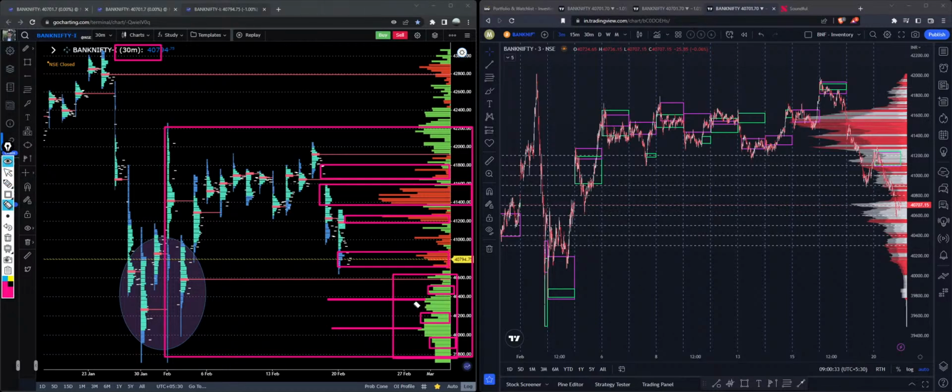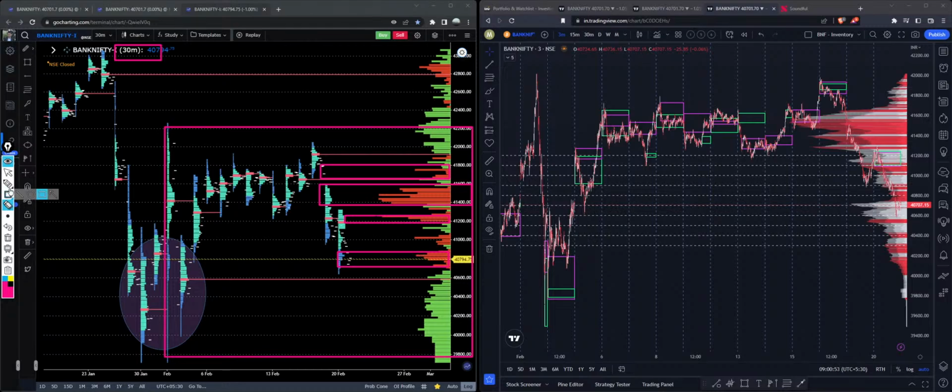These are the areas where supply is shut off or demand is there. On the higher areas, if the auction goes higher, we can expect some sort of responsive selling coming in.